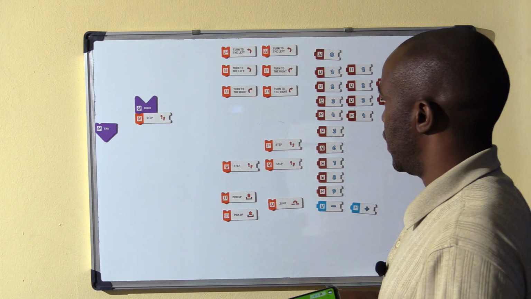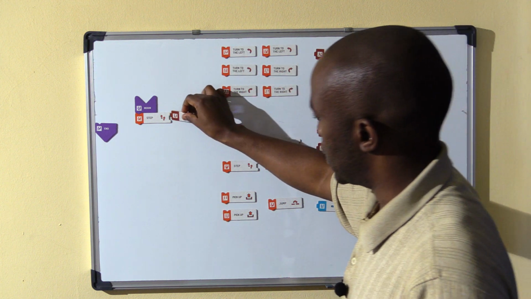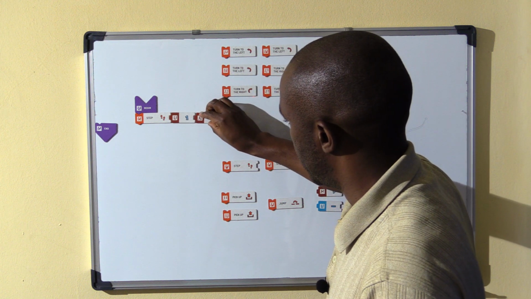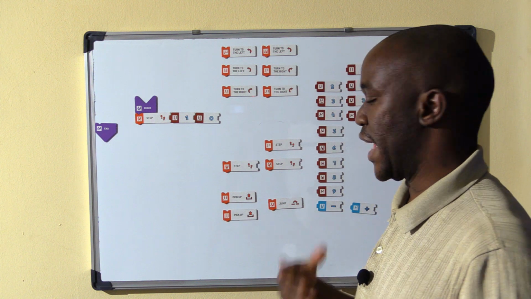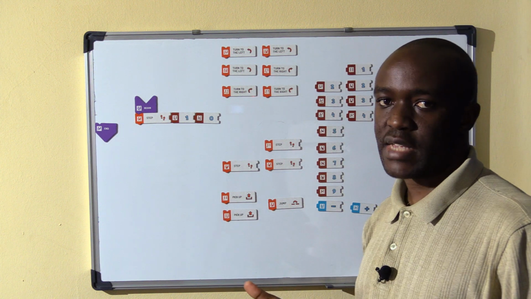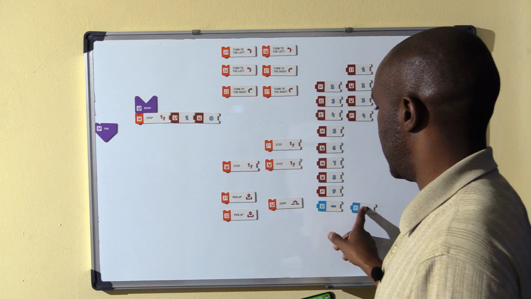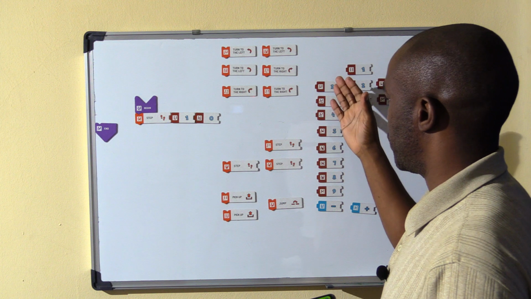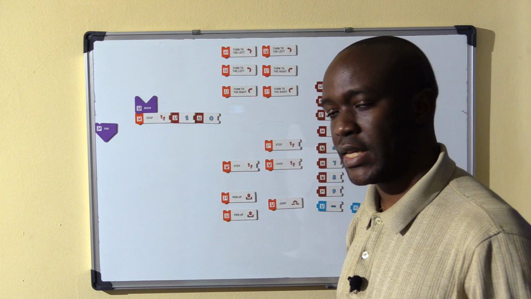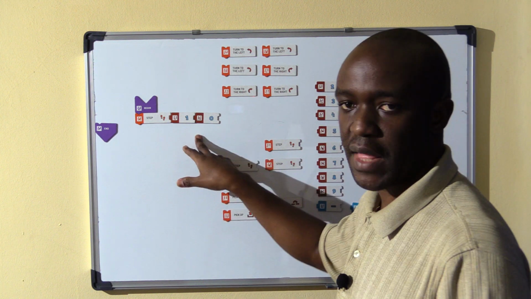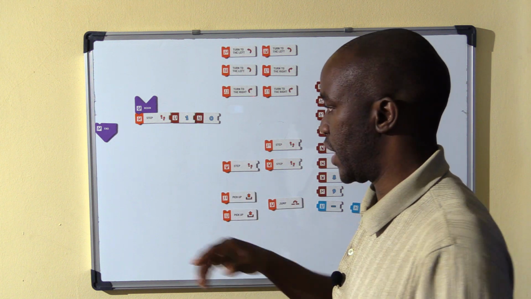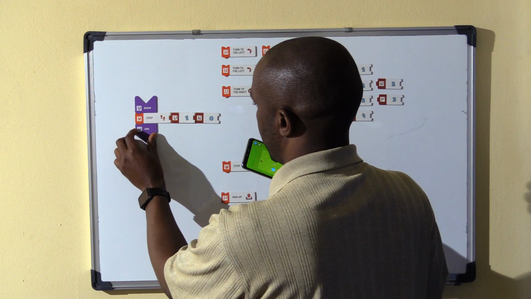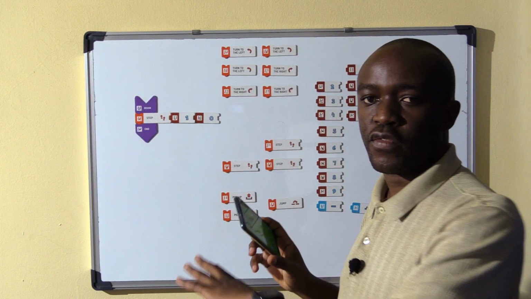We can either have him do 10 steps by putting the 1 and the 0, or we can add numbers. 10 is a combination of 1 plus 9, so 1 plus 9 would give us 10, or any other combination which gives us 10. So he takes 10 steps, and then what? He's there, so we can end the code. So we put our end right there, and that's our block of code.